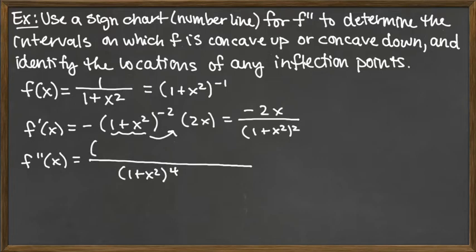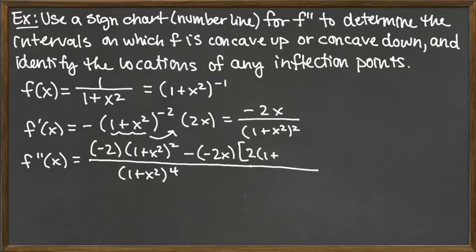So the derivative of the top is negative 2 times the bottom, which is 1 plus x squared, and then we subtract from it the top, which is minus then a negative 2x, times the derivative of the bottom. And it's the derivative of the bottom that needs this chain rule. So we bring down the power 2, we drop the power from 2 to 1, and then we take the derivative of the inside there, and the derivative of the inside is 2x.